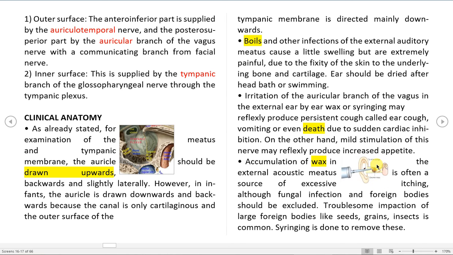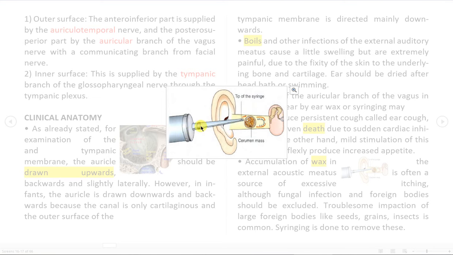Accumulation of wax, that is ceruminous secretions, in the external ear, when it plugs or blocks the canal, should be drained by syringing of the external ear.